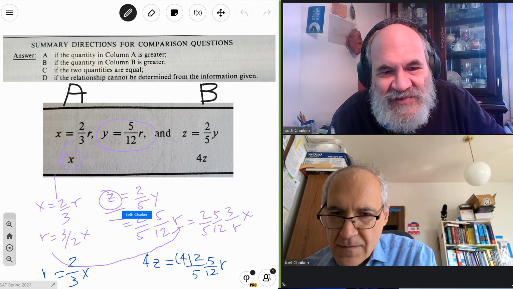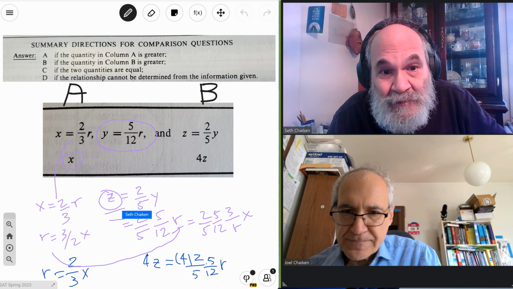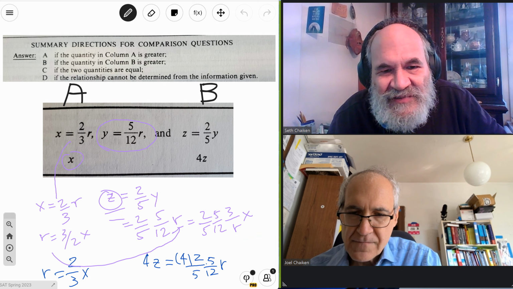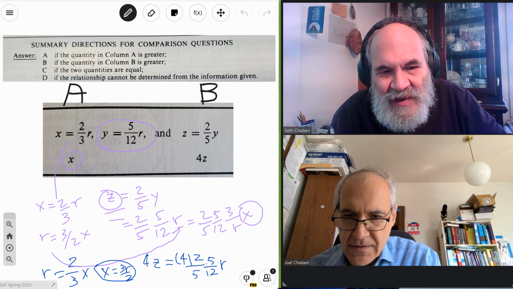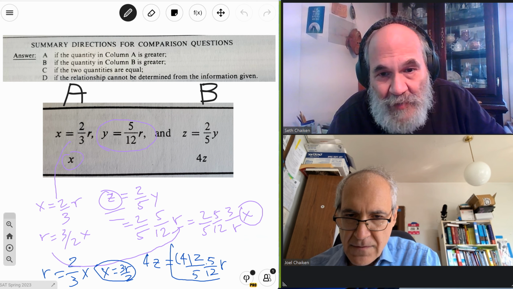So we've written Z in terms of X, right? So what we could do is solve for X and get a certain number of Z. Let's see, 3/2. It's 3/2 there.